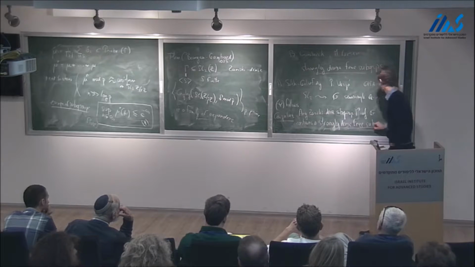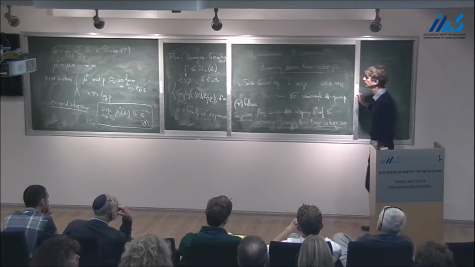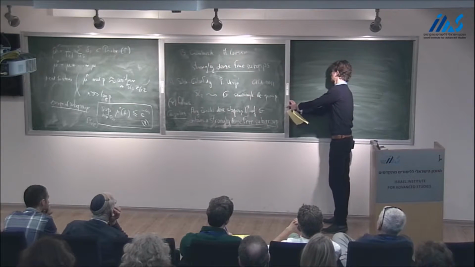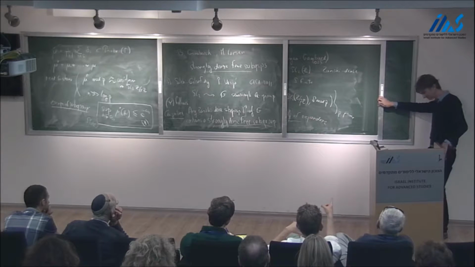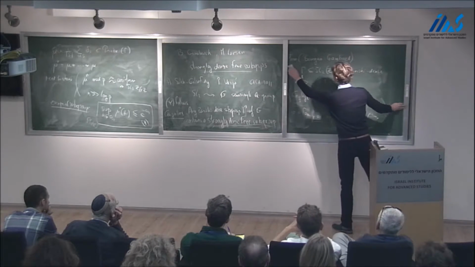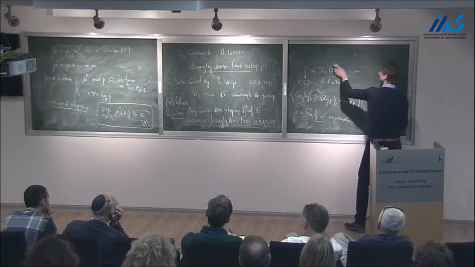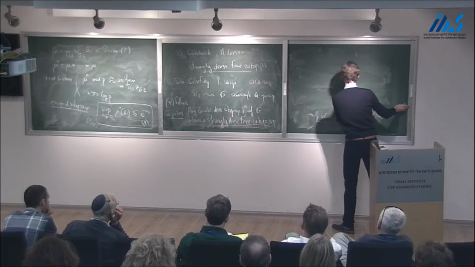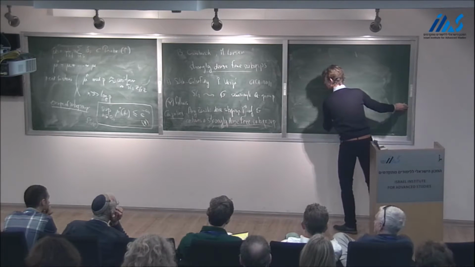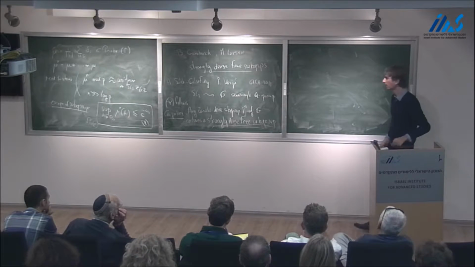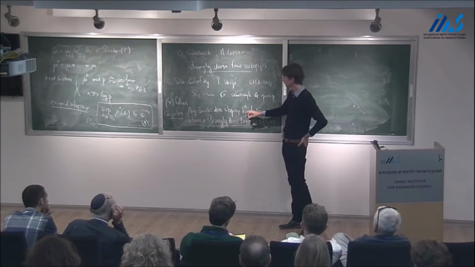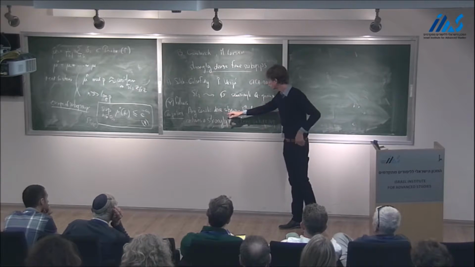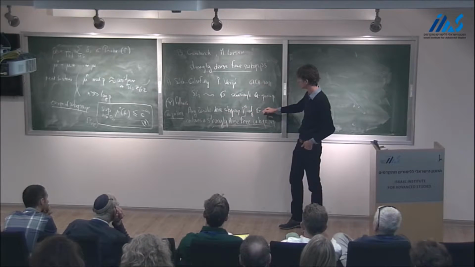Okay, so I'm going to define this now. So you know the Tits alternative says that every linear group which is not virtually solvable contains a free subgroup. So in particular here, if you're Zariski dense in a semisimple algebraic group, you're not virtually solvable, so you contain a free subgroup.